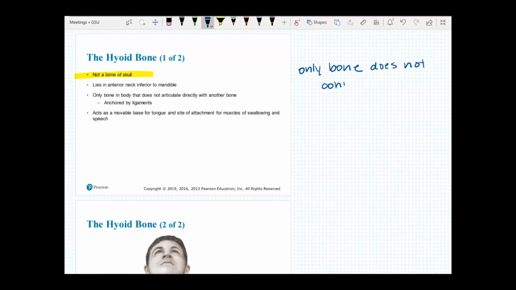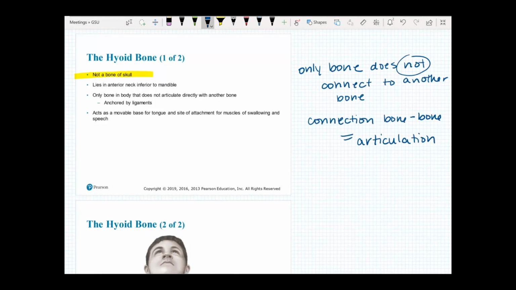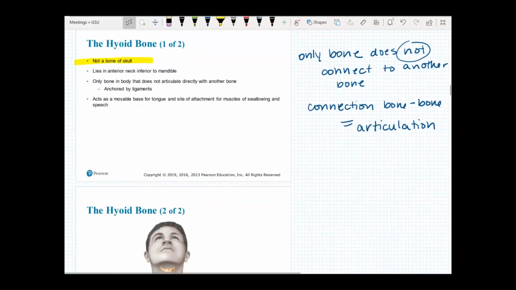When we say connect to another bone, what we mean is articulate. So whenever you see the connection of a bone to a bone, that is going to be an articulation.